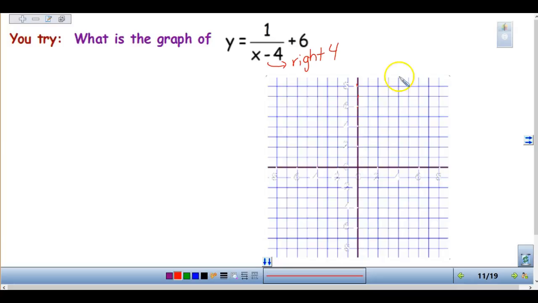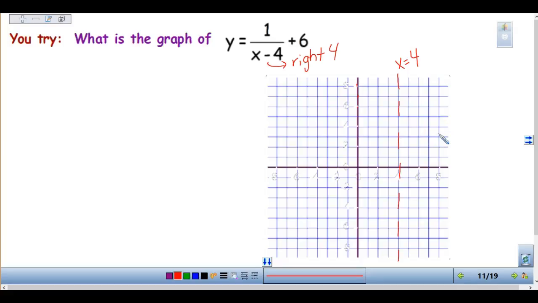I'm going to put it in red this time instead of highlighting, it might be easier. And I always do dotted, you don't have to, you can do a solid, but this is my asymptote. So x equals 4, that's the line it cannot touch. When I draw my curve, I don't want it to go past that. Horizontal or vertical? It's x equals 4, so it's going to be vertical.